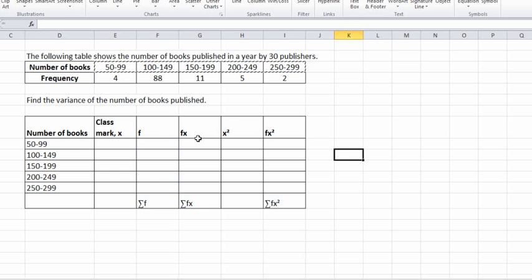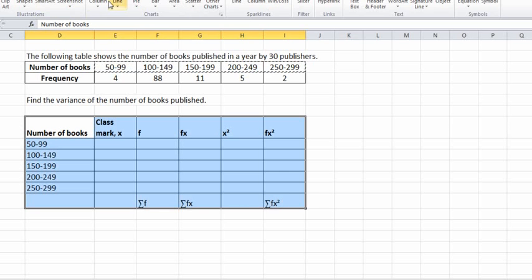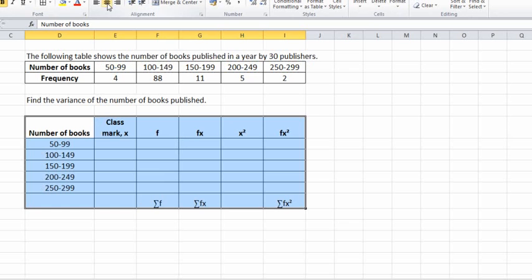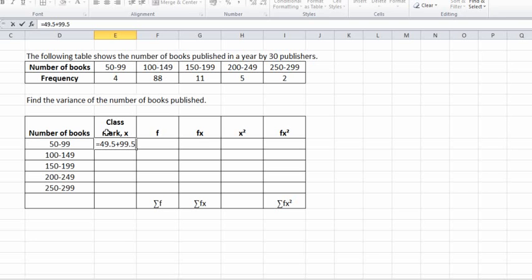For example, this one: 149.5 plus 99.5, divided by 2, is 74.5.